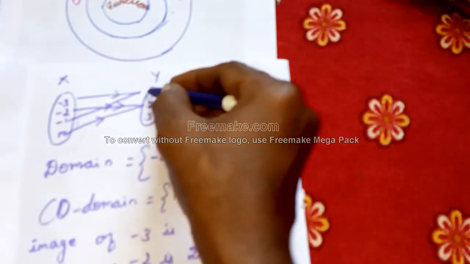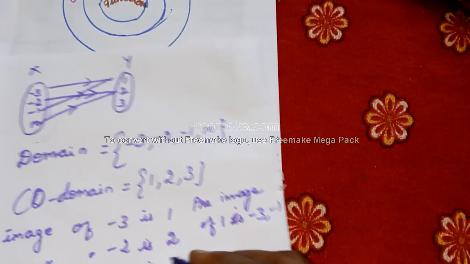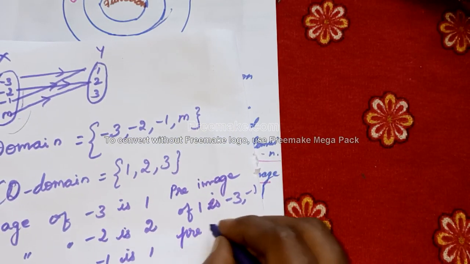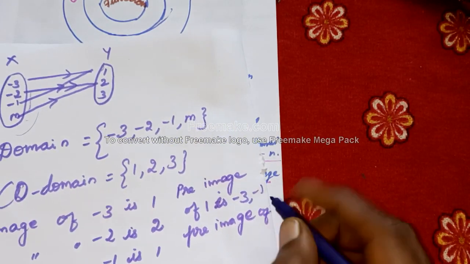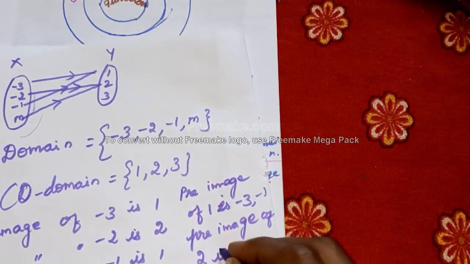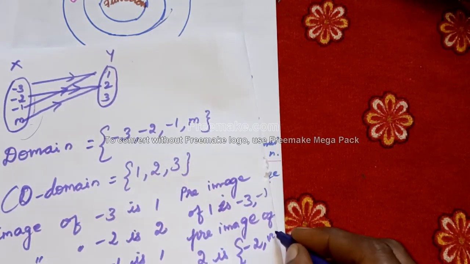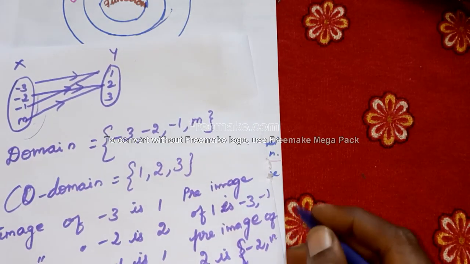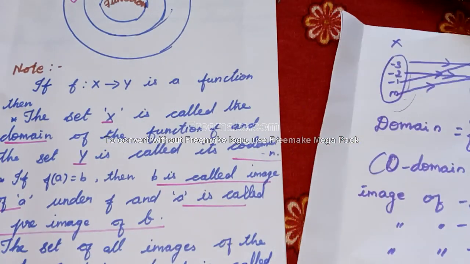Next, pre-image of 2 is -2, m. Clear? So, okay, clear students? b is called the image of a under f, and a is called the pre-image of b.